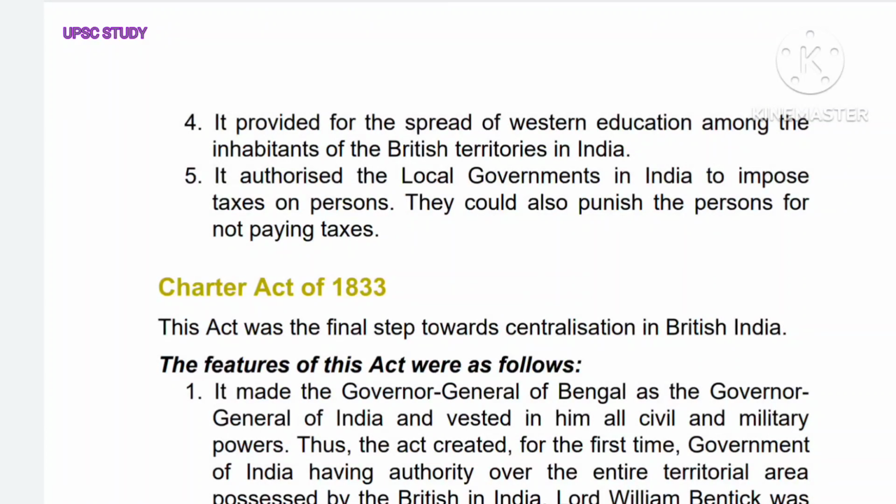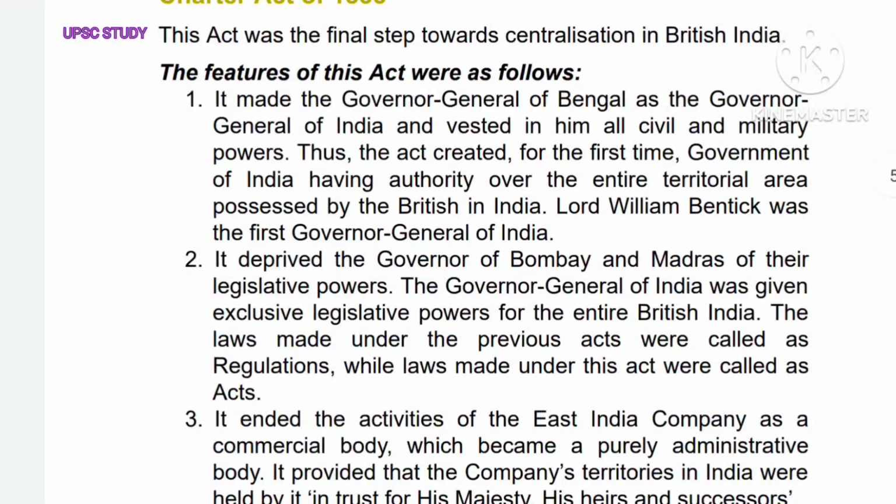Thus, the act created for the first time Government of India having authority over the entire territorial area possessed by the British in India. Lord William Bentinck was the first Governor General of India.